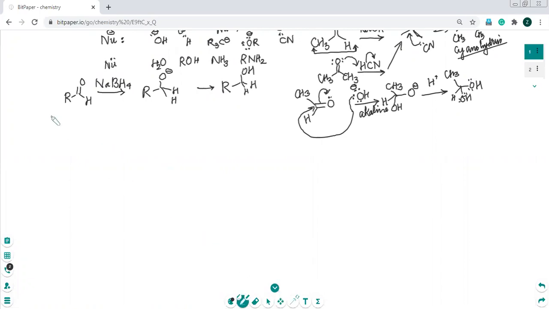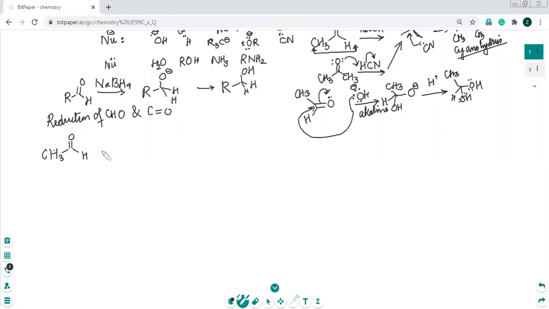First one is reduction of aldehydes and ketones, CO. Now let us write by mechanism itself. R CH3 C double bond O.